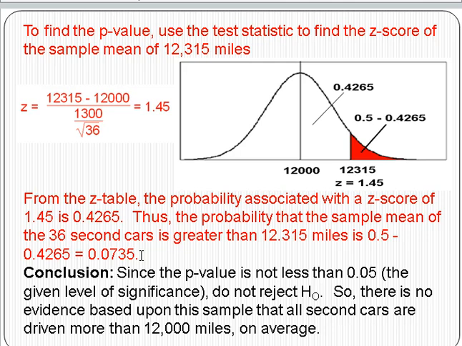Getting back to our decision rule, we said that we're going to reject the null hypothesis when we find an outcome that has less than a 5% chance of happening. Since this p-value is not less than 0.05, the level of significance, do not reject H0. So the conclusion would be that there's no evidence based upon this sample that all second cars are driven more than 12,000 miles on average.